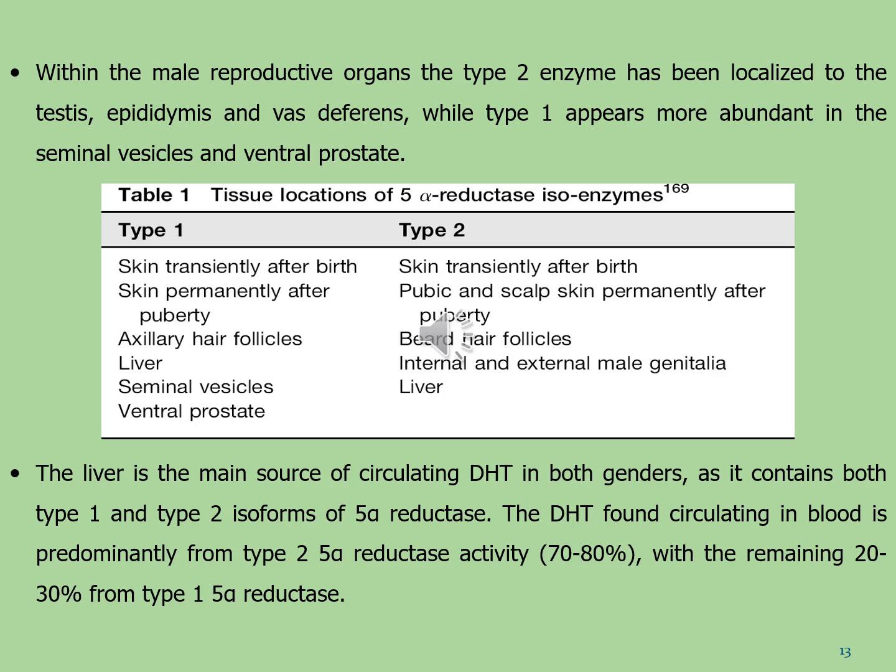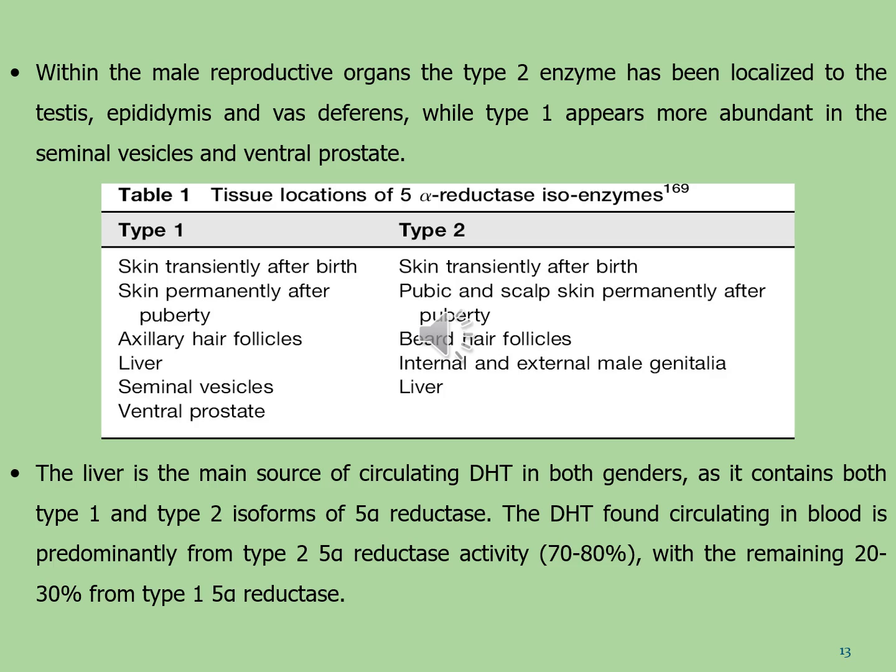Type 1 is in skin permanently after puberty; type 2 is in pubic and scalp skin permanently after puberty. Type 1 is in axillary hair and follicles, type 2 in beard hairs and follicles. Type 1 is present in liver, seminal vesicles, and ventral prostate, while type 2 is present in internal and external male genitalia and liver.